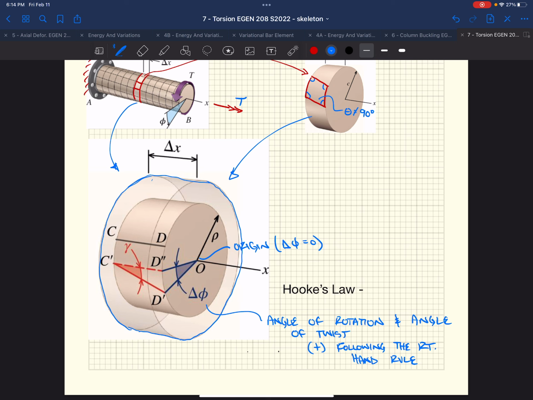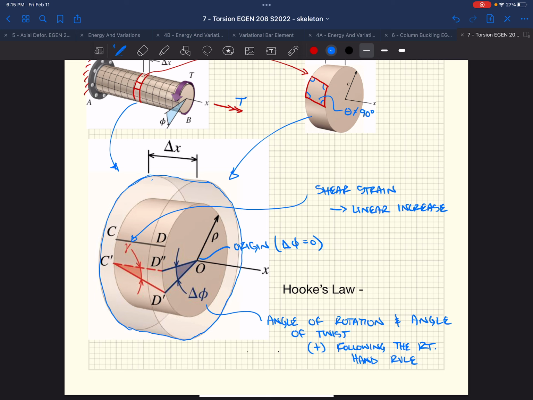We have this gamma, as we know, is shear strain from before, and it linearly increases as we move from left to right on our shaft.